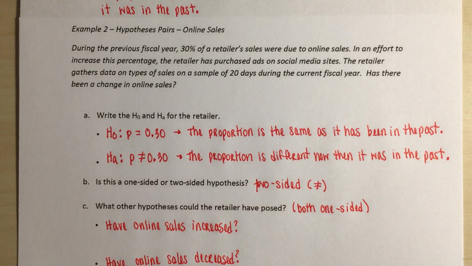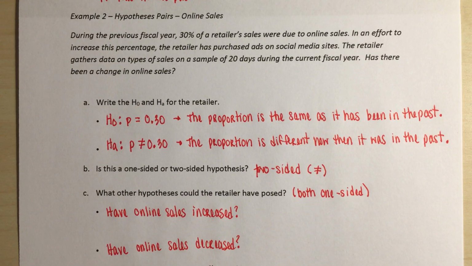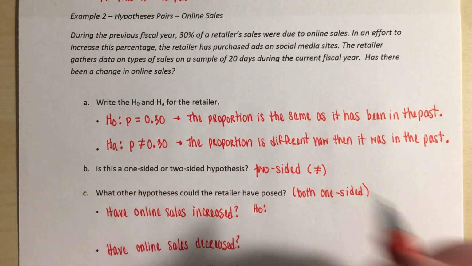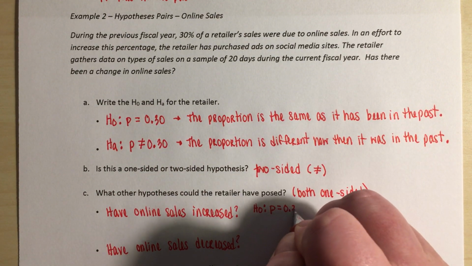Both of those would be examples of one-sided hypothesis tests. In both of these cases, our null hypothesis is the same as it was in our scenario here. Our null hypothesis always has an equal to sign.